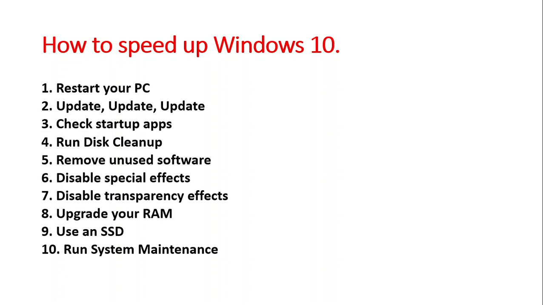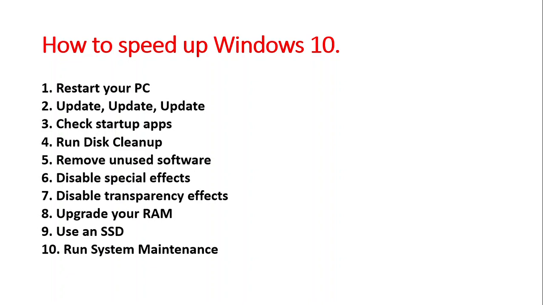And the last one is run system maintenance. So you need to run the system maintenance. Windows 10 has a built-in utility for this. The Windows 10 built-in utility runs the system maintenance, guys. For example, it keeps checking the condition of the hardware, scanning for updates and checking for malware, and all these tasks run in the background.